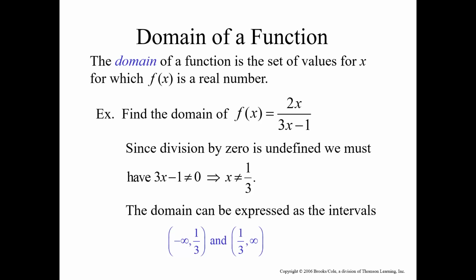So all we need to do is to equate the denominator to 0, making sure that the value of x you get is not in the domain of the function. So 3x minus 1, if you equate it to 0, you get x is equal to 1 divided by 3.